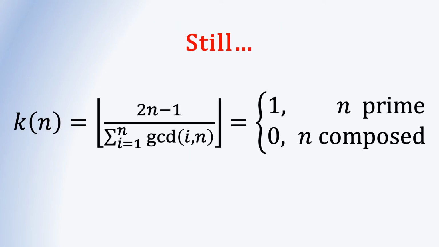But still, what I really appreciate about this function is this part here. Really, the fact that it outputs 1 when the number is prime and 0 otherwise, to me, it's just interesting. It functions like a detector or an indicator of the primality of integers, and just being able to write k of a number or an expression or any integer equal to just 1 or 0 is, to me, quite appealing.